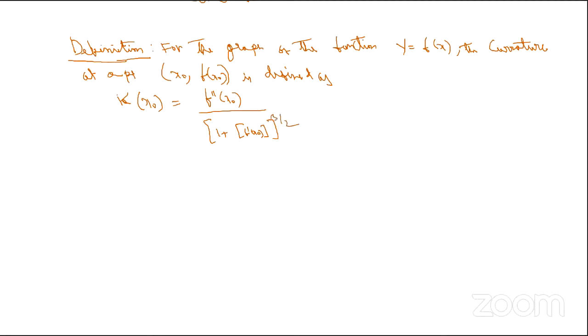That implies kappa of x naught equals y2, meaning f double dash x, divided by 1 plus y1 squared, whole power 3 by 2.